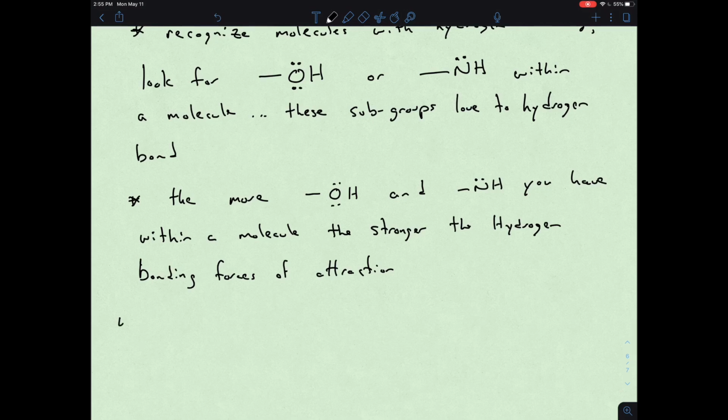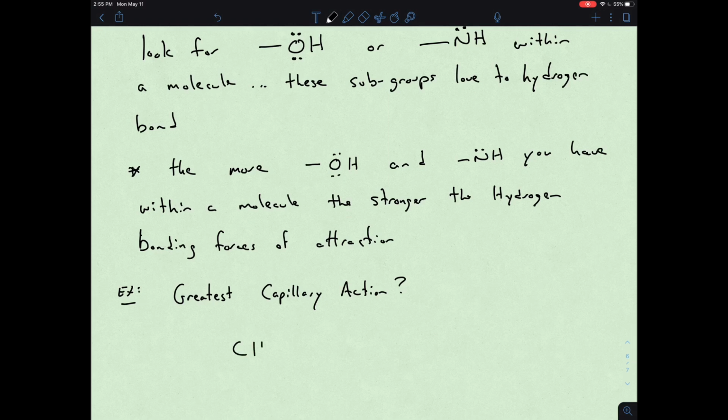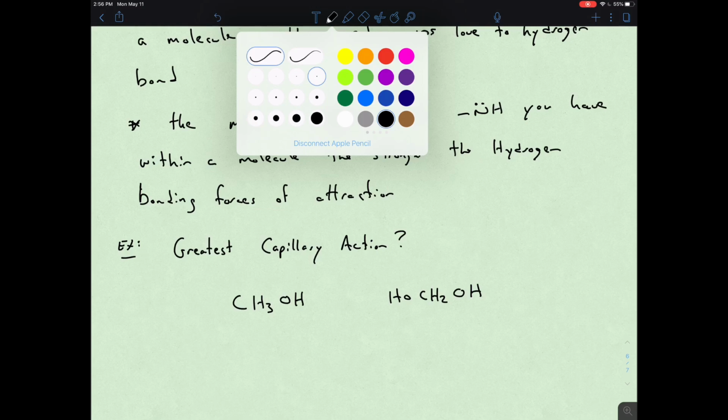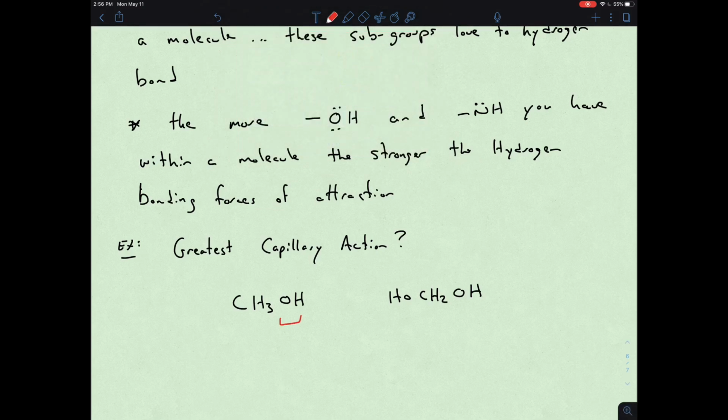So if you were asked as an example, which has the greatest capillary action, and you have here methanol and glycol. So we could see from this recognition here that we have hydrogen bonding.